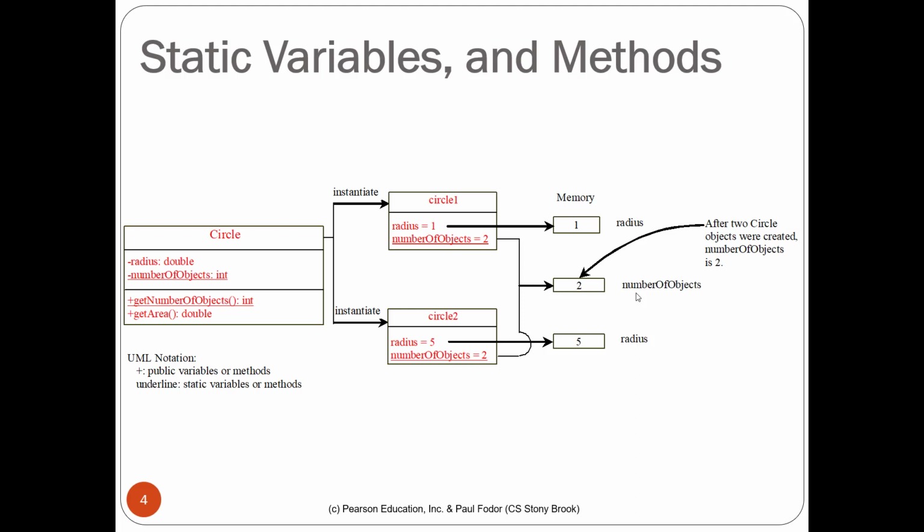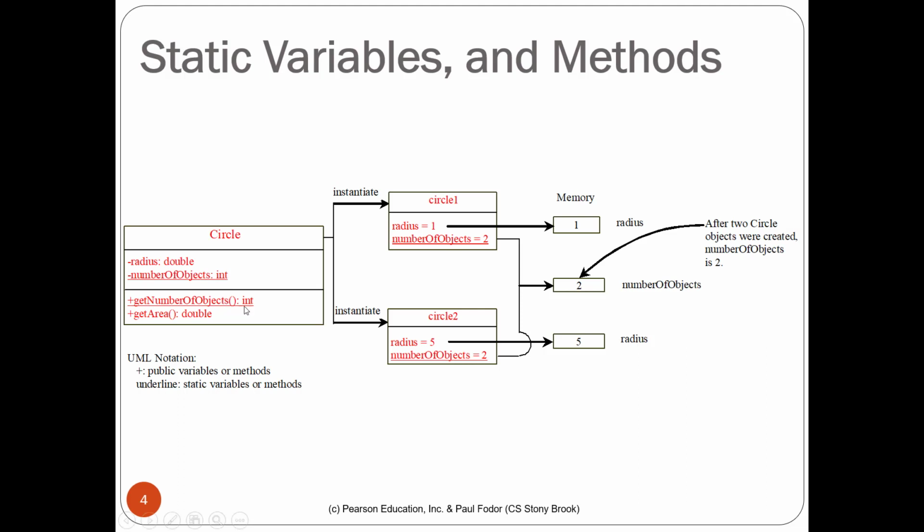Here we are looking at the same class, Circle, but now we are adding the number of objects as well, because number of objects is a static variable and radius is non-static. Radius is your instance variable. Number of objects was declared as static, so that is the class variable. The radius is of type double, whereas the number of objects is an integer value.